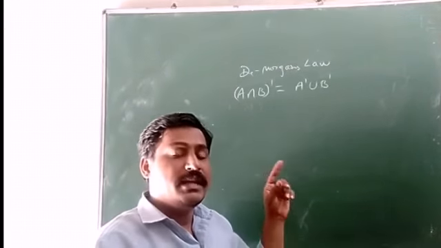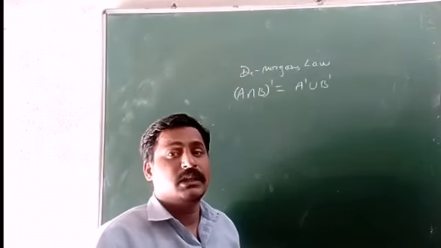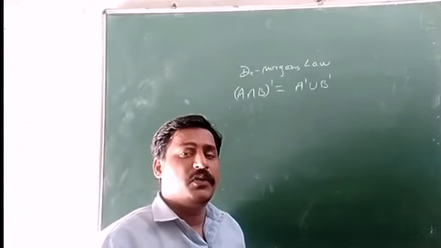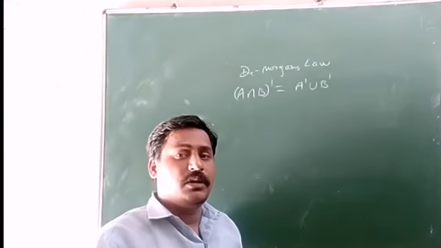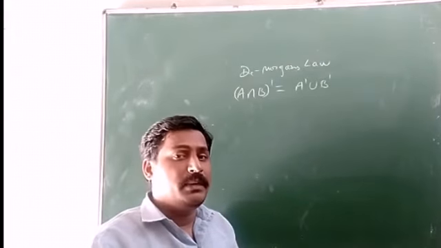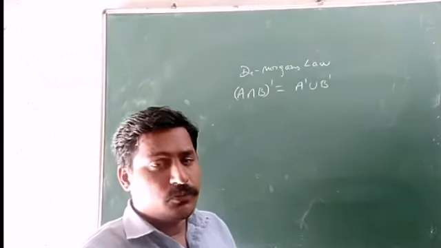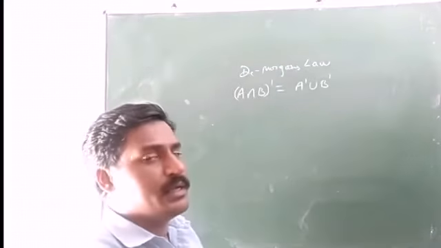Now (A intersection B)' is equal to A' union B'. That is, the complement of the intersection of two events is equal to the union of the complements of those two events. Those two events are taken as A and B here.